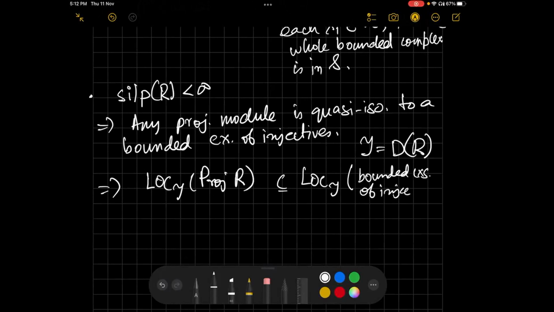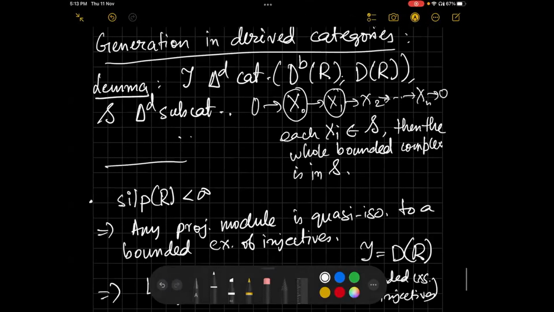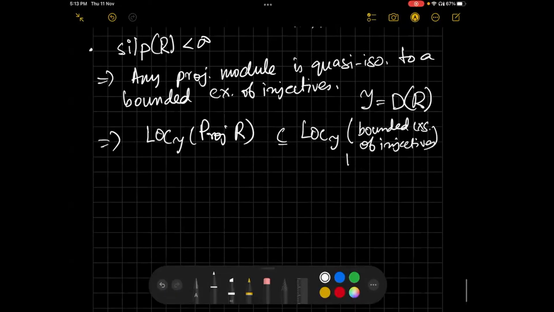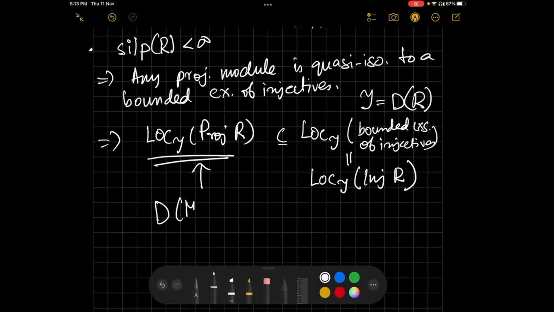And from this lemma that I mentioned earlier, it is easy to show that this guy will be exactly equal to this guy. And it is well known actually that this guy is D(Mod R).